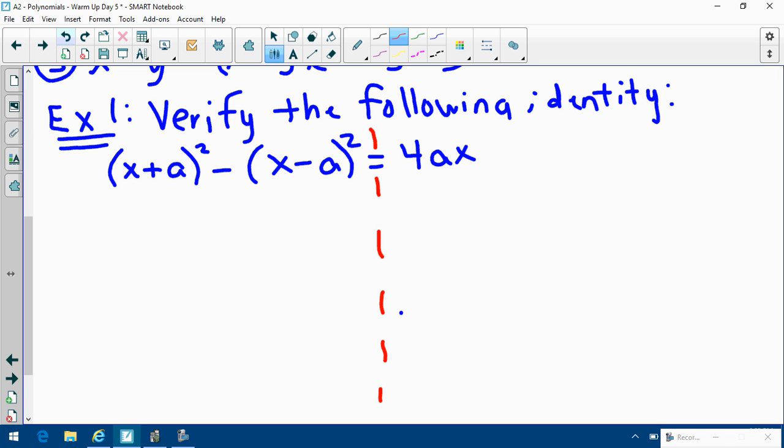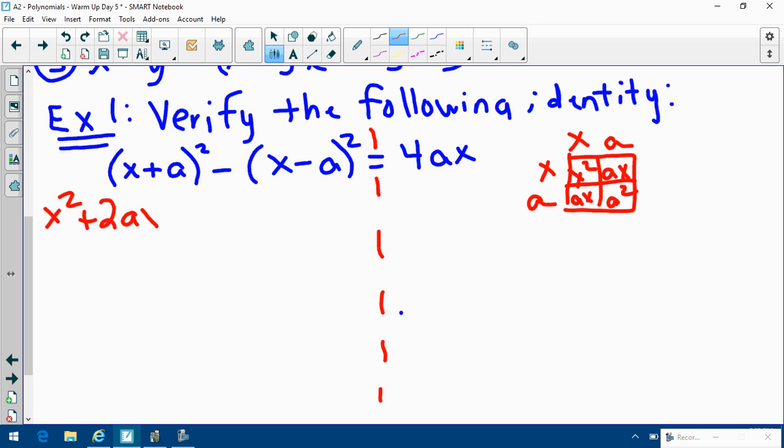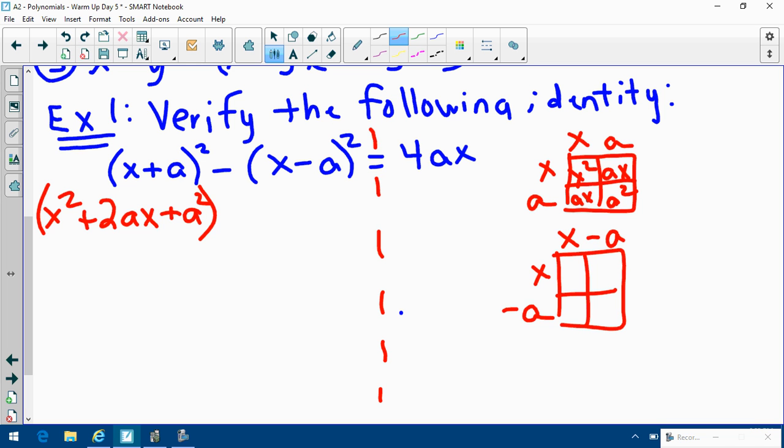So I have to do x plus a squared, which I need to use a box for. So x plus a times x plus a is x squared, ax, and a squared. So this would be x squared plus 2ax plus a squared. That's that first piece. Then I also need to multiply out the second piece. So that's x minus a squared, x minus a times x minus a.